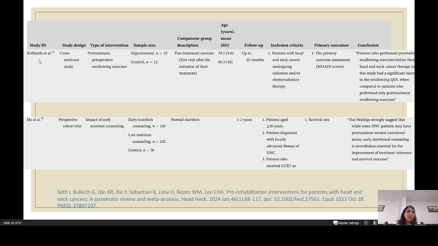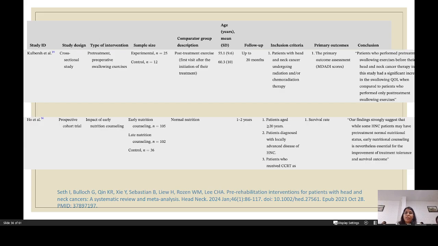Next is the Kulversh et al. That is a cross-sectional study, pre-treatment and pre-operative swallowing exercise was the intervention. Sample size including experimental and control group 25 and 12. Comparative group post-treatment exercise, first visit after the initiation of the treatment. Follow-up for 20 months.